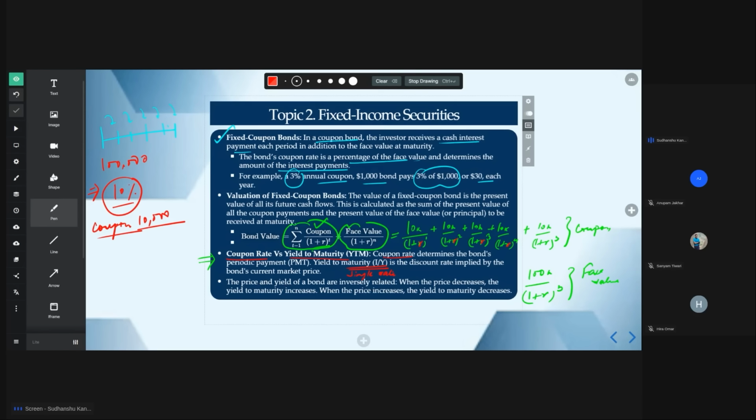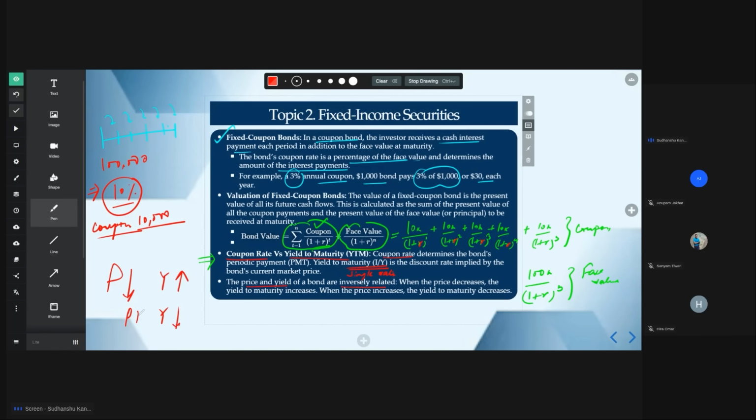The price and the yield of a bond are inversely related. You must remember that very common relationship: when yield goes up, price goes down, and when yield goes down, price goes up.